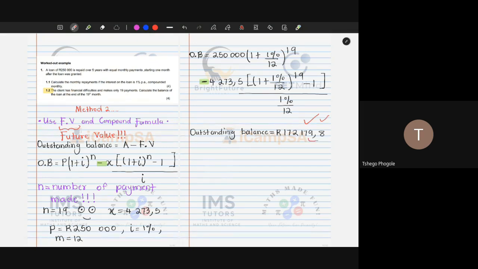So this difference of these last 3 numbers, you shouldn't worry. It is a rounding error. And for that, no need to worry. So you will get the mark. Any questions, guys, before we move away from outstanding balance?